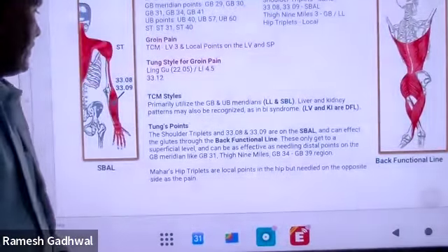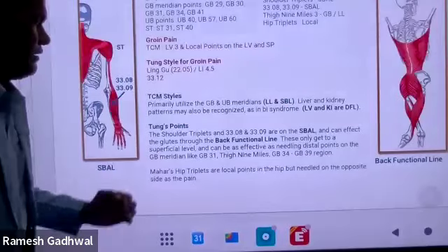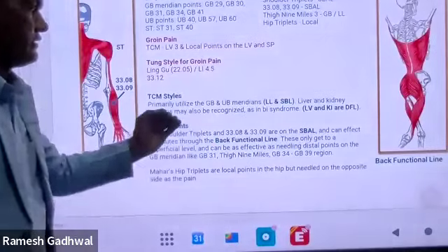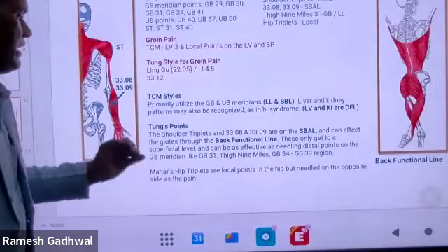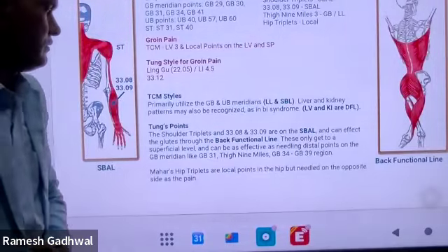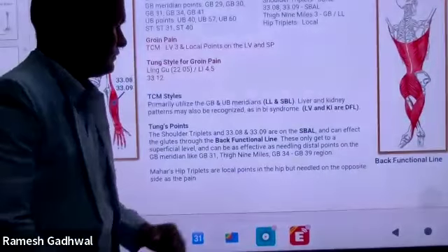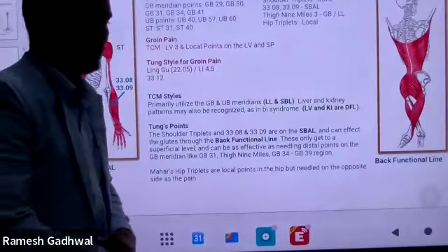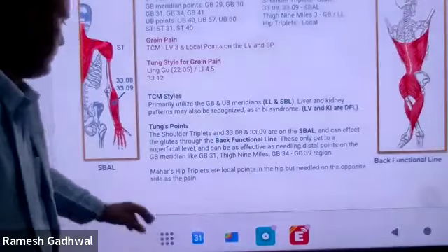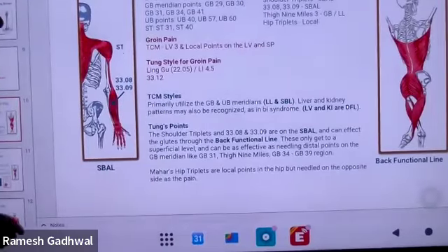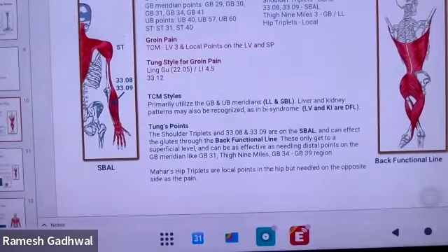These only get to a superficial level and can be as effective as needling distal points on the GB meridian like GB31, GB34 and GB39. Then Dr. Mayer's hip triplets are located points in the hip, but needles on the opposite side as the pain.